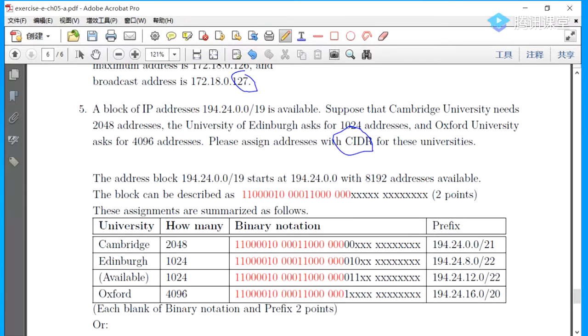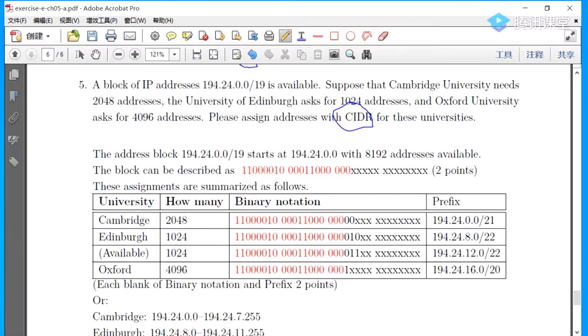Please assign addresses for these universities with CIDR. So I have listed the results, but how to solve? So I will illustrate.